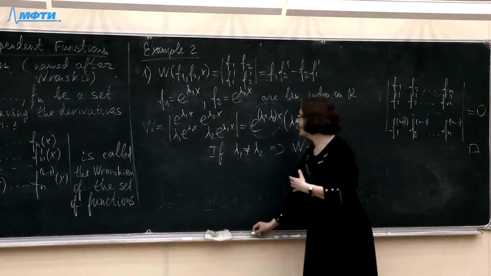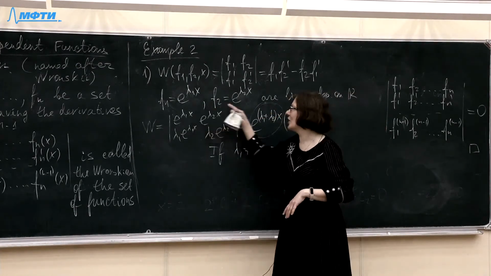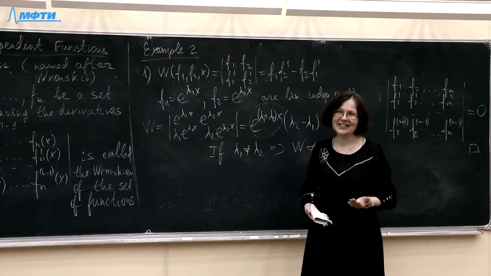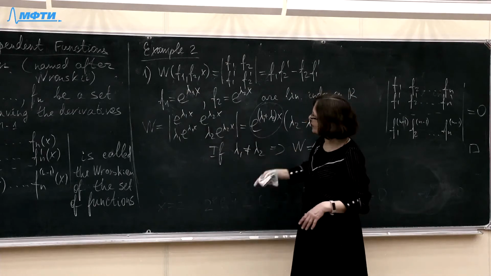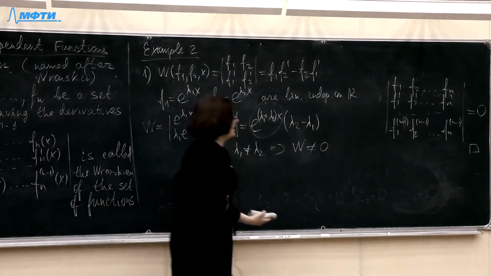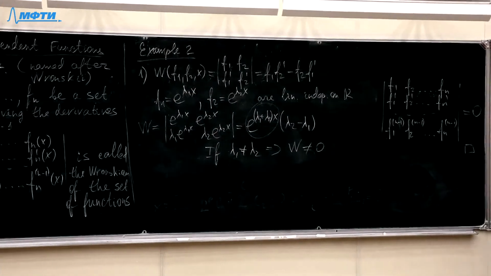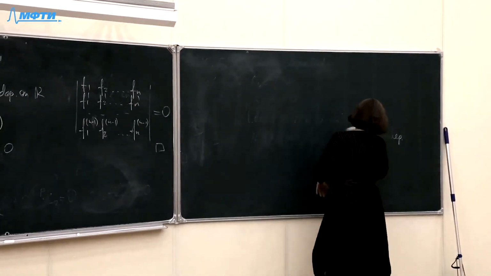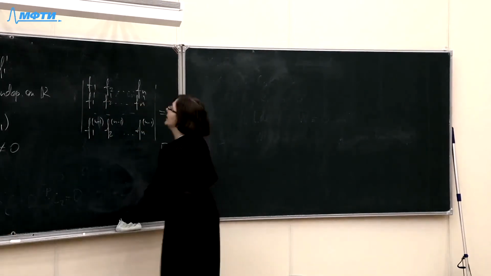Okay, but this is maybe not so interesting. We may check that these two functions are linearly independent by hand, right? It is not difficult, but given n functions of this type, it will be more complicated. Now we will discuss two important examples.